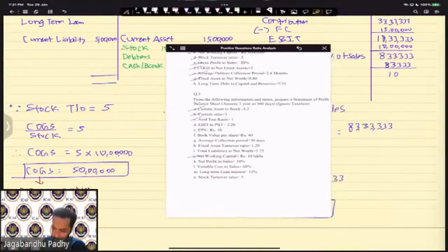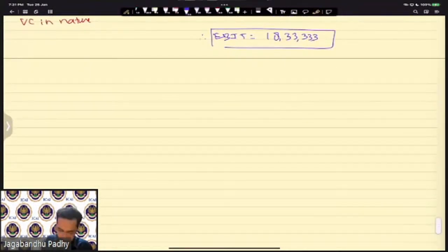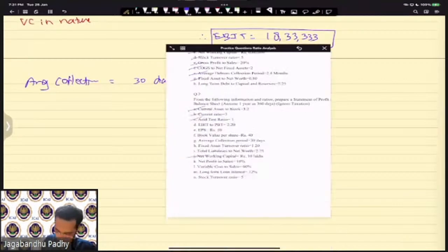Now for that, the average collection period is anyways 30 days, so we'll use that number. So that 30 days, we have to assume 360 days, right?